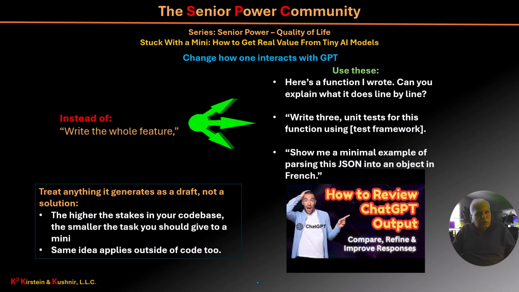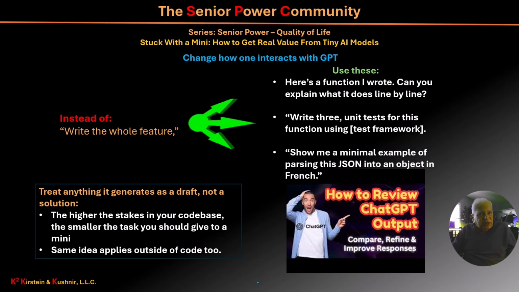We change what we ask of the model. Instead of write the whole feature, we say things like, here's a function I wrote. Can you explain what it does line by line? Write 3 unit tests for this function. Show me a minimal example of parsing a JSON into an object in any language you want to choose.